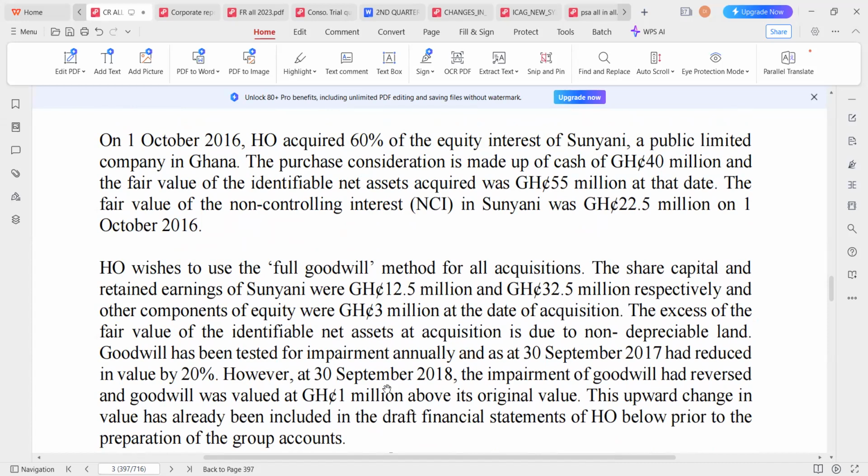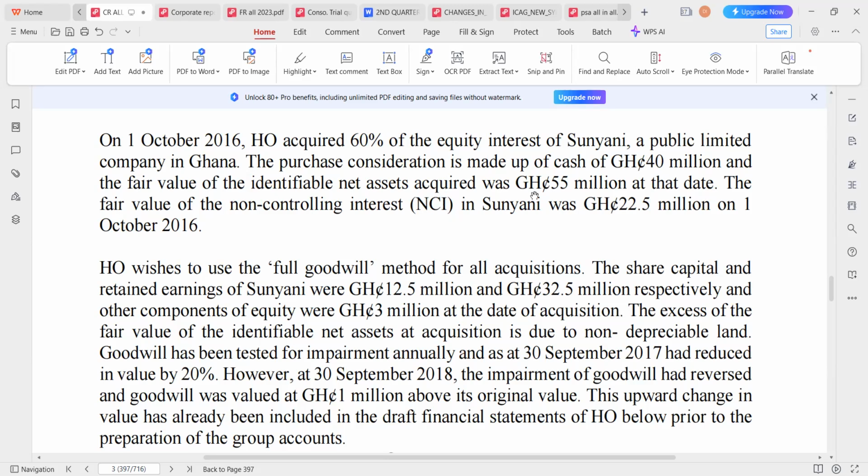The purchase consideration is made up of cash, 40 million, and the fair value of the identifiable net assets acquired was 55 million at that date. The fair value of the non-controlling interest in Sunyani was 22.5 million on 1st October. First line, if I should end here, calculate the goodwill. You see?